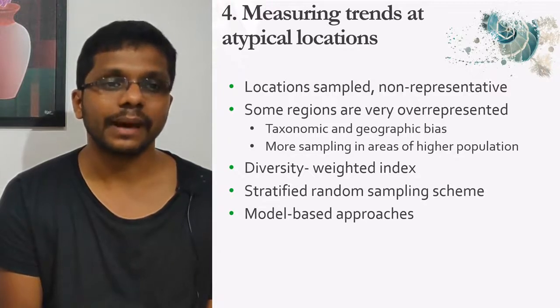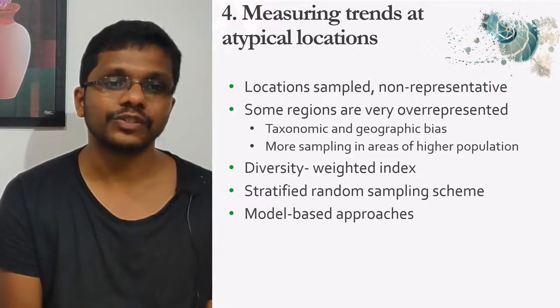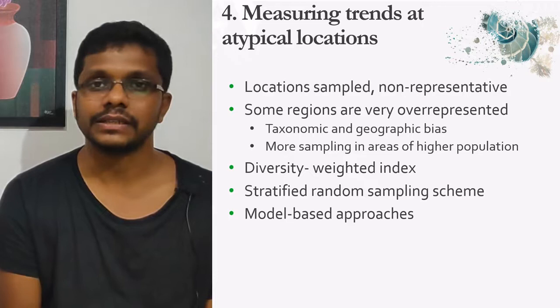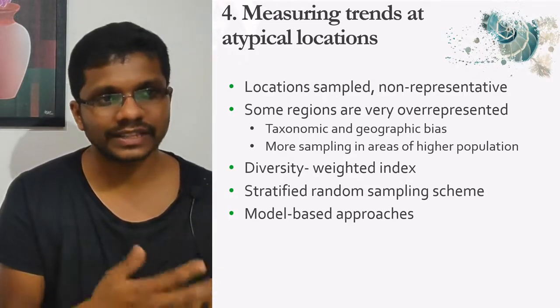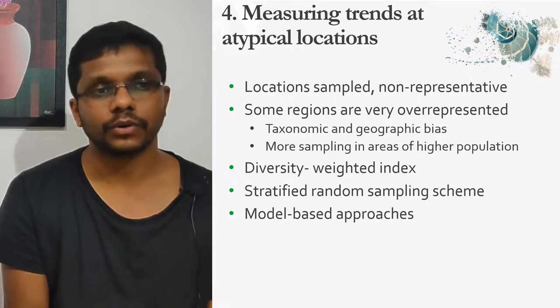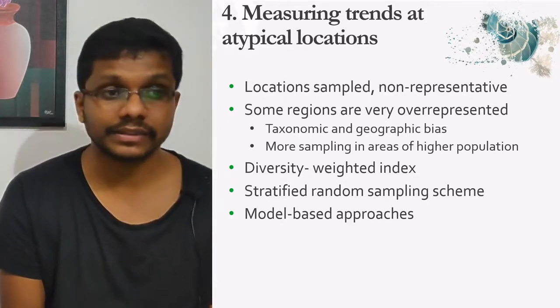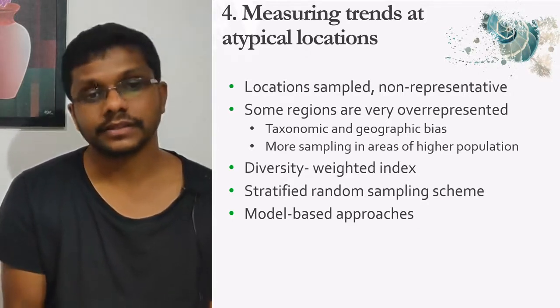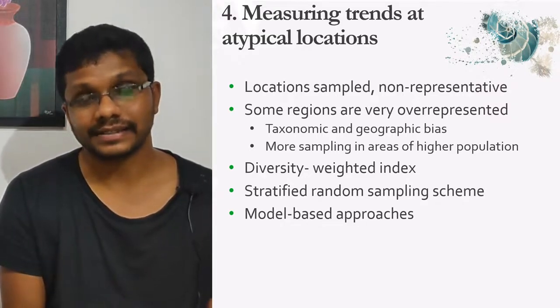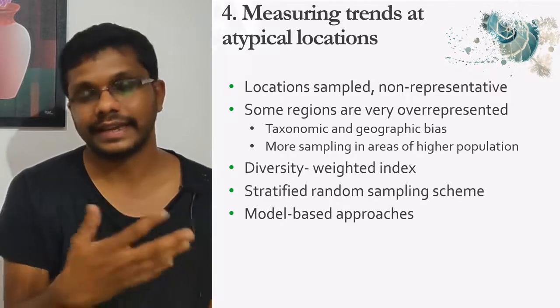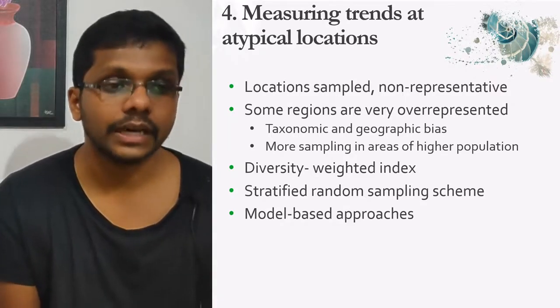So the sampling will mostly happen in those areas. Some other unidentified areas will always be missed out. So that's the problem of measuring trends at atypical locations. If you are sampling only a few selected sites, there is a chance that your data is not representative of the whole scenario.